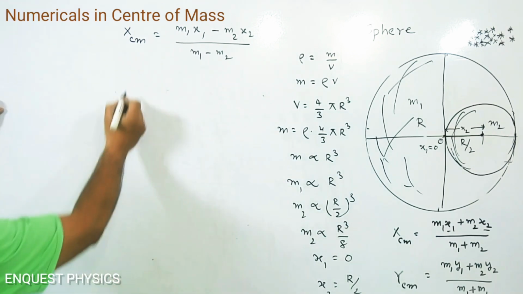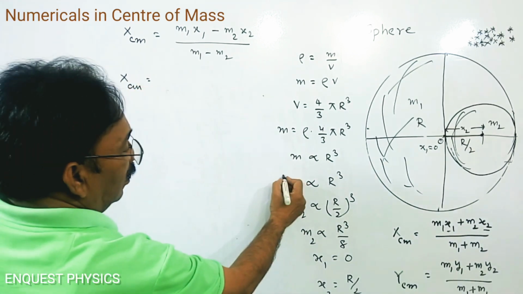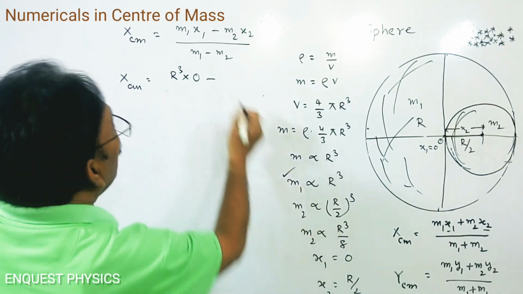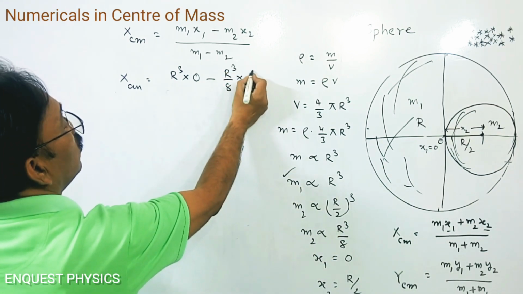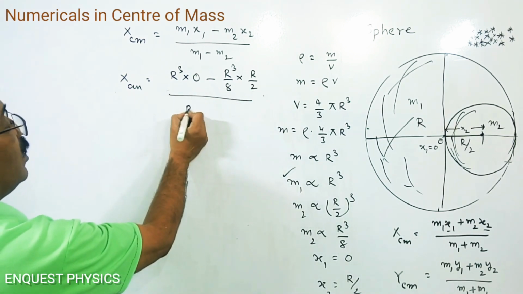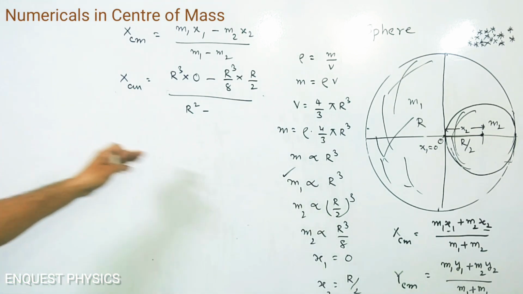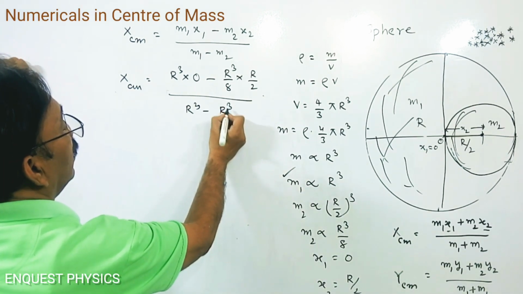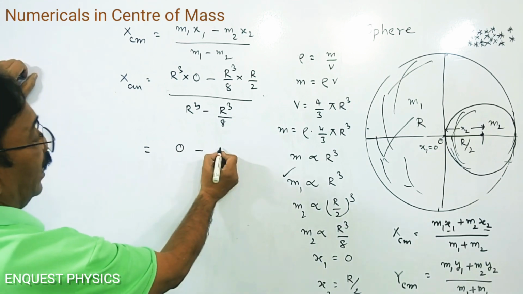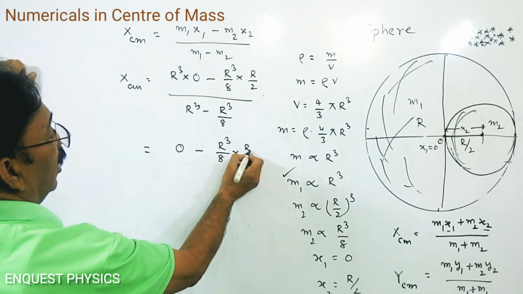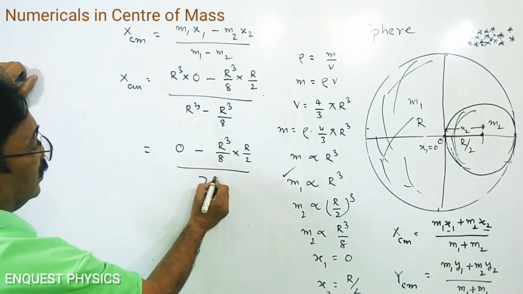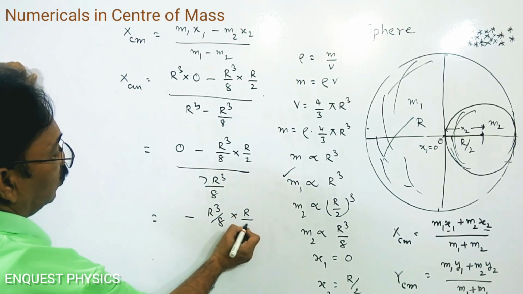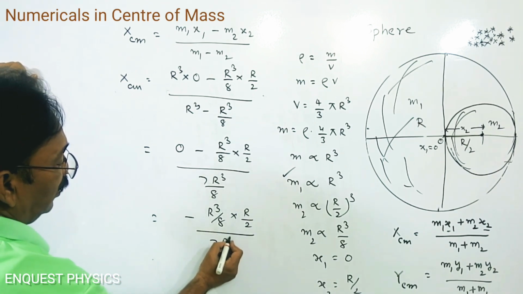We are just substituting the values. xcm equals m1, that is r cube, into x1, which is obviously 0, minus m2, that is r cube by 8, into x2, which is r by 2, divided by m1 minus m2, that is r cube minus r cube by 8, which is 7 r cube by 8.